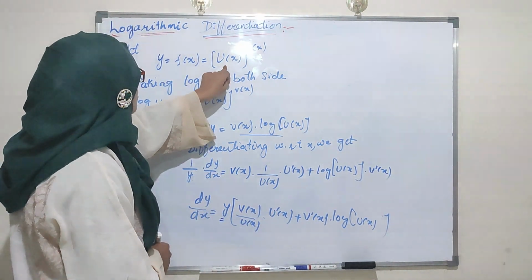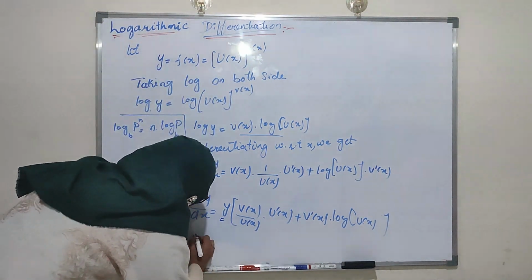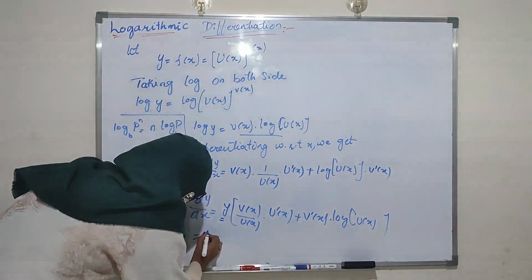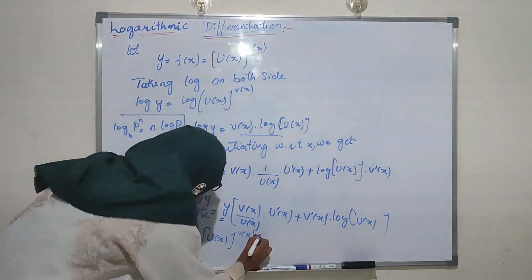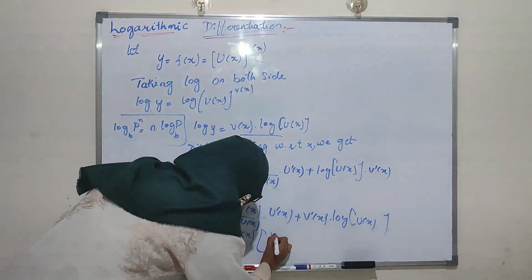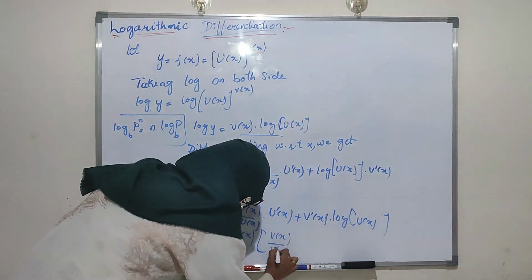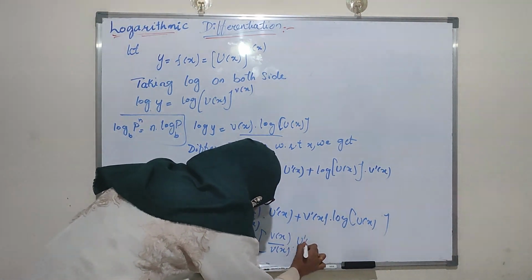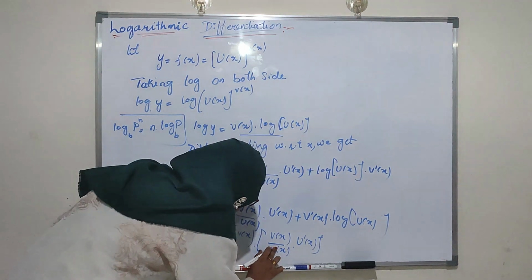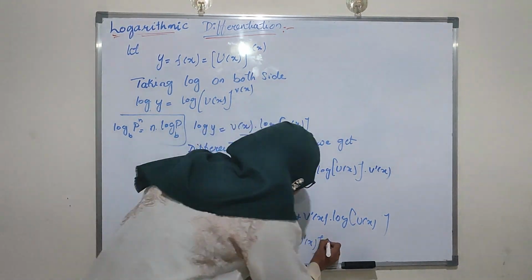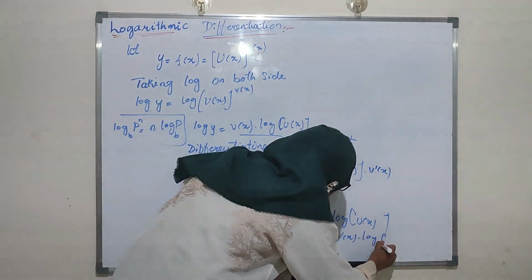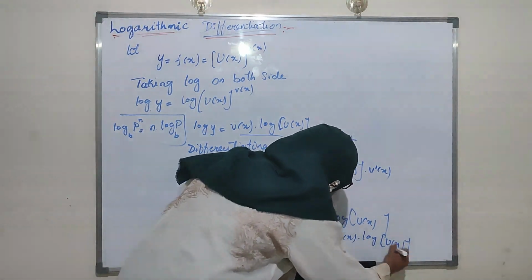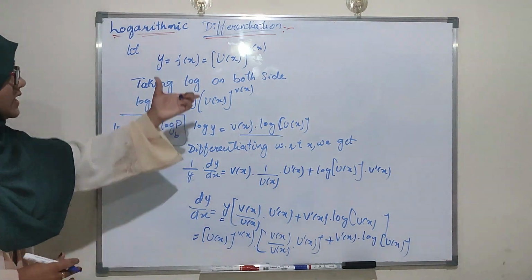Y is u of x raised to the power v of x, into this whole bracket: v of x divided by u of x into u dash of x, plus v dash of x into log of u of x. This is the final required differentiation of the given function.